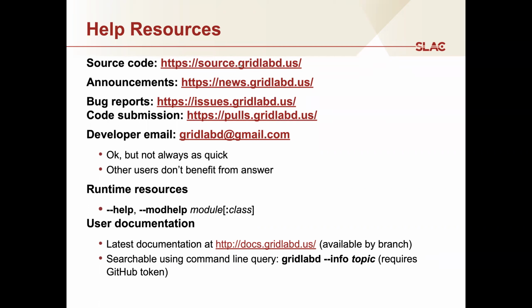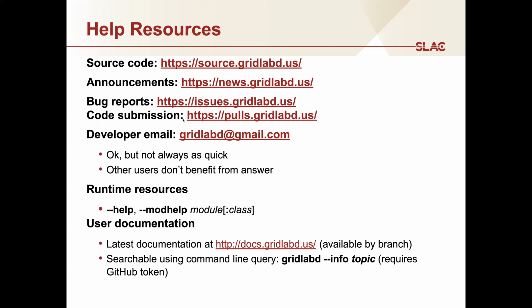So to get the source code from Gridlab-d, it's on GitHub. It's source.gridlabd.us. The announcements page is news.gridlabd.us. If you want to report any bugs, issues, questions, it's issues.gridlabd.us.